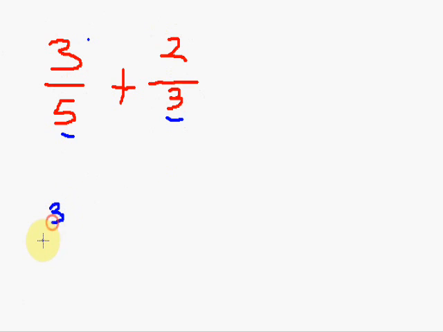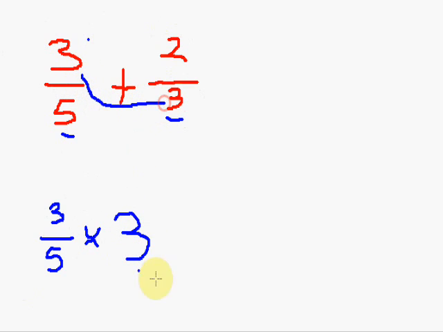What we can do is multiply 3/5 by the 3 in the 2/3, and then multiply 2/3 by the 5 in the 3/5. So when we multiply 3/5 by 3, as I said, we multiply both the numerator and the denominator by 3. So we have 3 3s are 9, and 3 5s are 15.